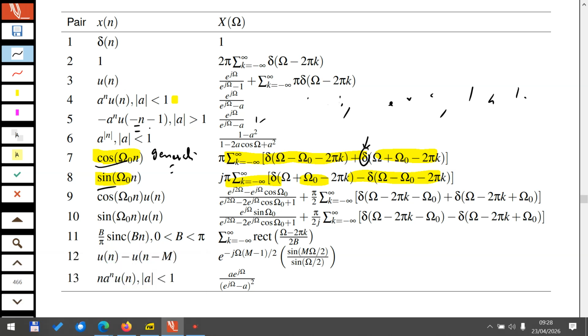which delta? Can you give me the name for this? Dirac delta. And in this same table, we are seeing this delta, what is the name of that delta? Are they the same?